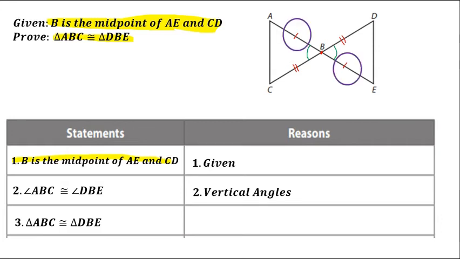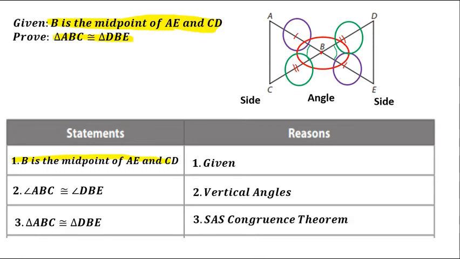So if we go in order from one end to the other, these are side, an angle right there in the middle, they're angles. And then we have another pair of sides congruent to each other. That's my third side. So I have side angle side. And that's one of the congruency theorems. So we say here the reason for this is the two triangles are congruent by the side angle side congruence theorem.